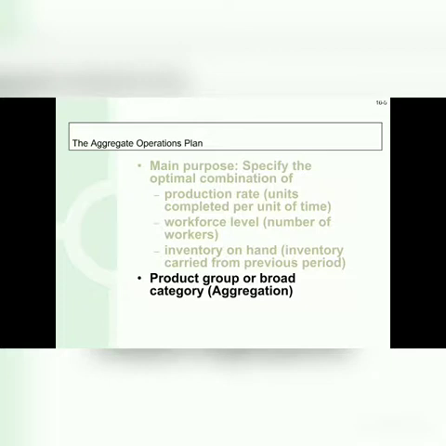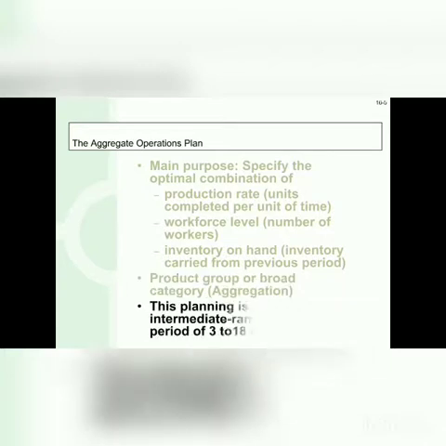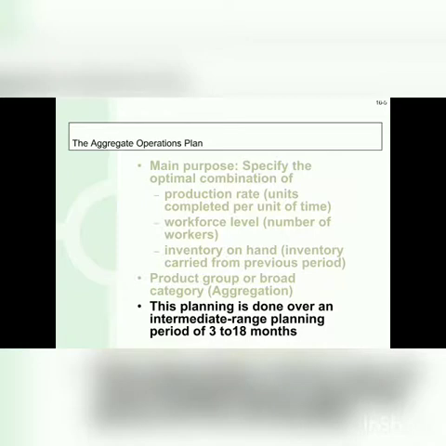After this we will add all the production of different product groups and different categories. That is called aggregation. This planning is done over an intermediate range planning period of 3 to 18 months.